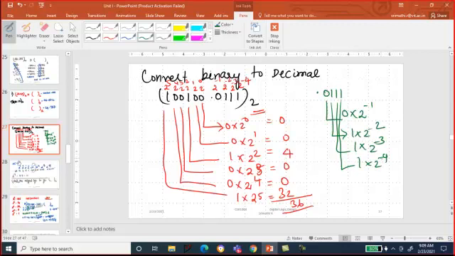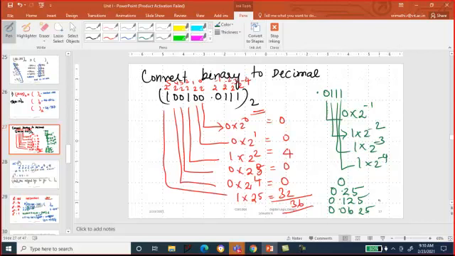Please add it up and tell me the answer quickly. 0 into 2 power minus 1 is 0, 2 power minus 2 is 0.25, 2 power minus 3 is 0.125, and 2 power minus 4 is 0.0625.